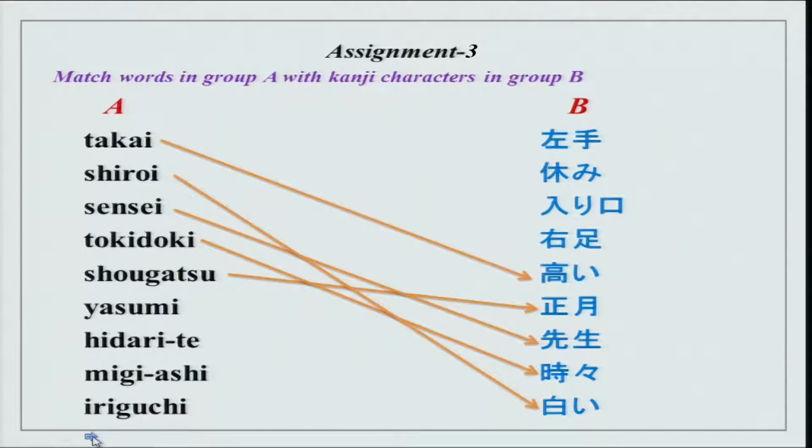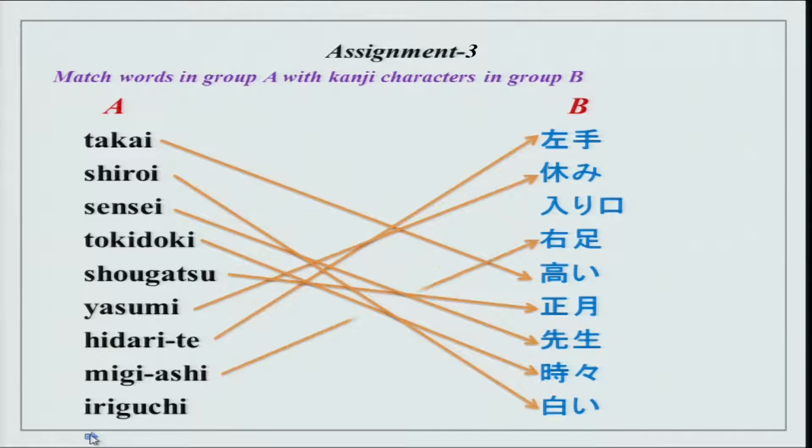Shogatsu, yasumi, hidarite, migi ashi, and in the end we have iriguchi. Now, you will see iriguchi is very similar to hito, but there is a slight difference.